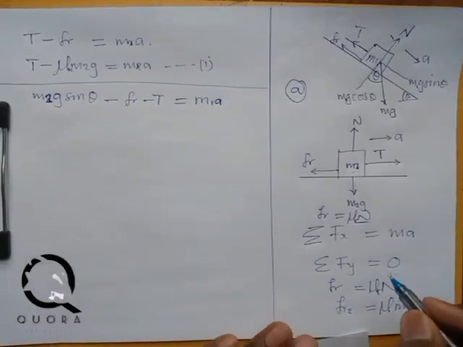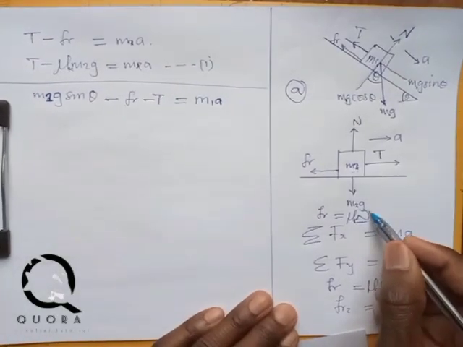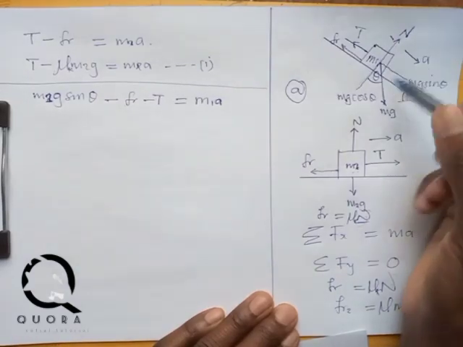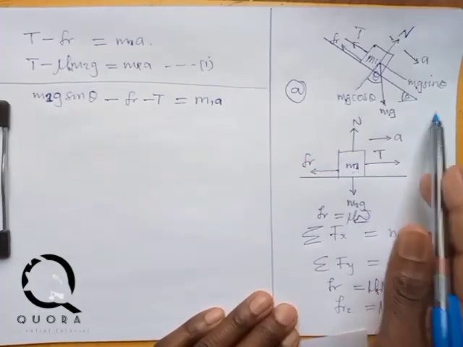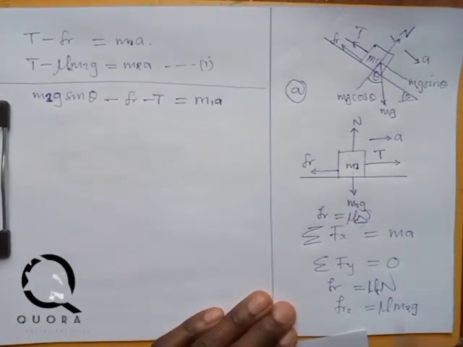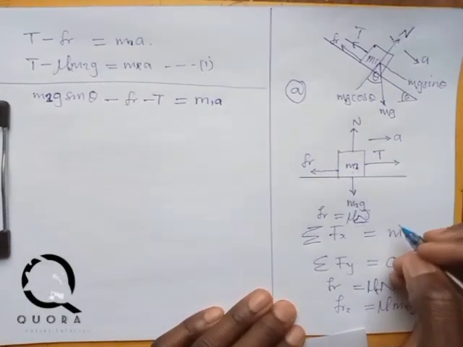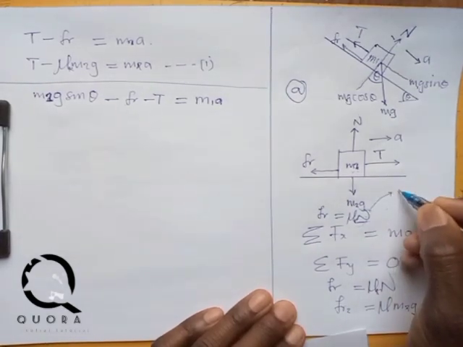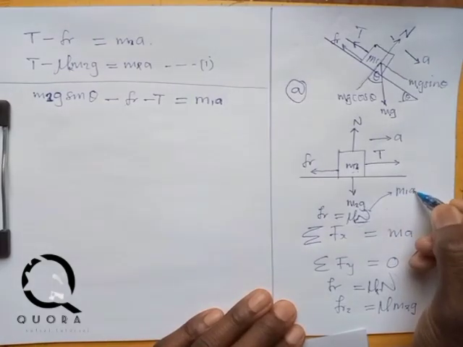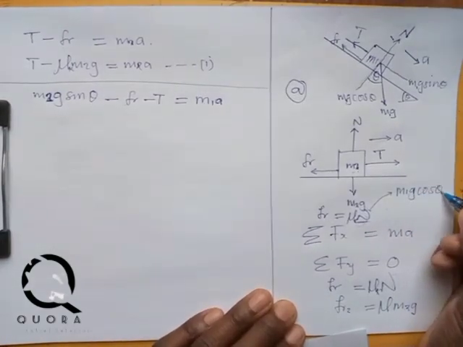So you understand that the normal force on this object has to be equal to that one, because the object is just sliding on the surface without sinking into the surface of that same incline. So this normal force has to be equal to M1 G cos theta.